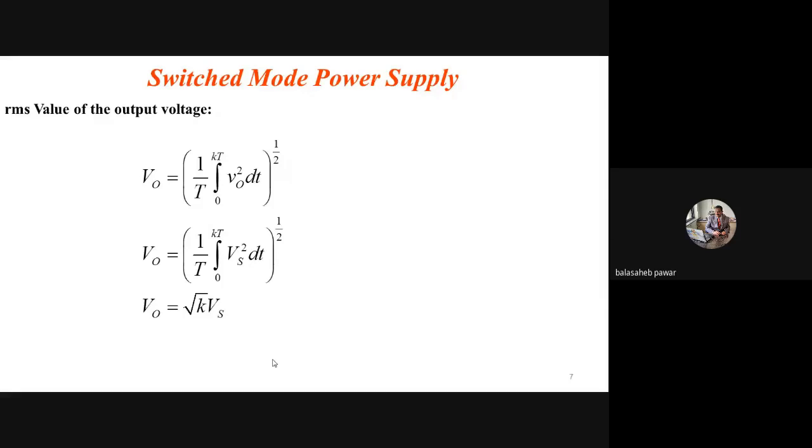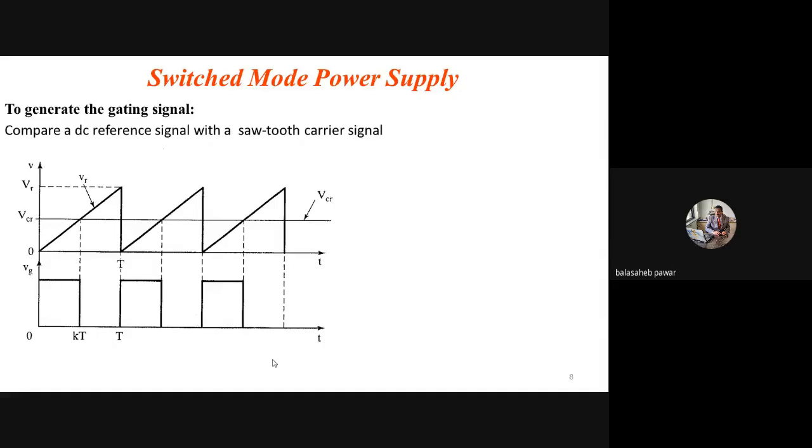Okay. Now how to generate those gating signals, that also we already covered. Here I have taken the example of a sawtooth carrier instead of triangular. In our previous discussion, we took it as a triangular wave. One more thing you will observe in case of a triangular wave, there is a negative half cycle, correct?